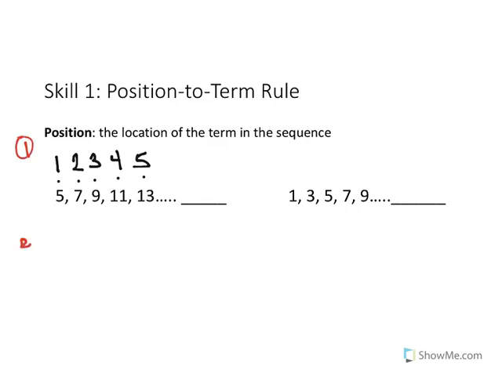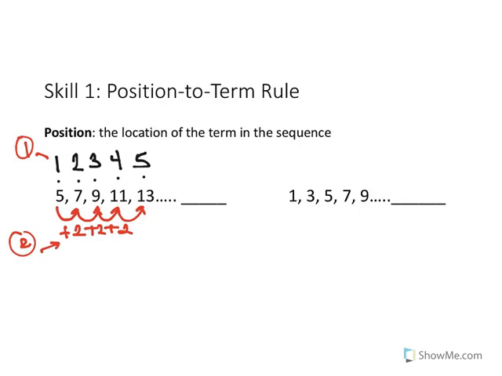The second thing we do is we have to figure out what is happening term to term. So how do you go from 5 to 7, 7 to 9, 9 to 11, 11 to 13? What is the rule? It looks like it's going up by 2 every time. Okay, so first step, label the position. Second step, figure out what is the term to term.